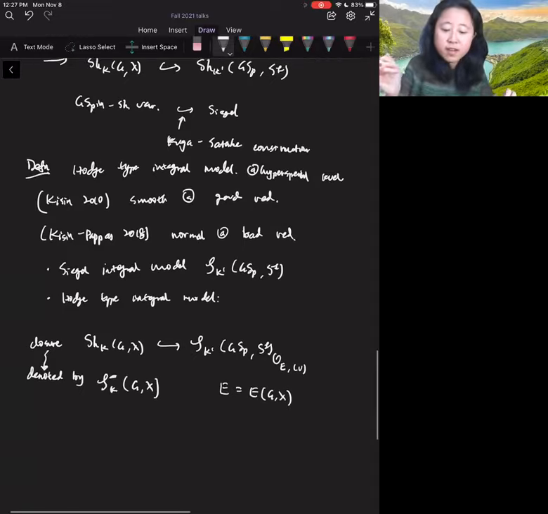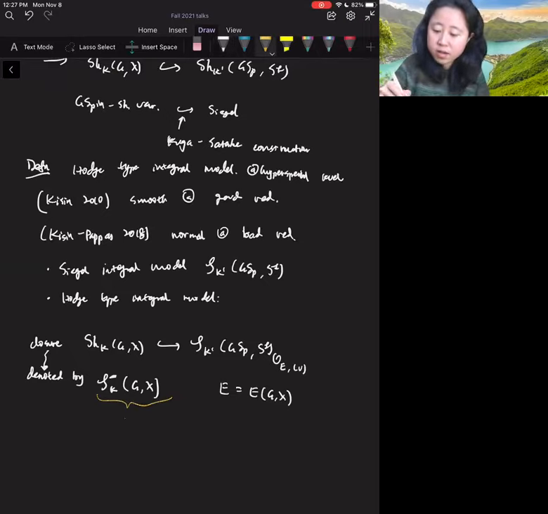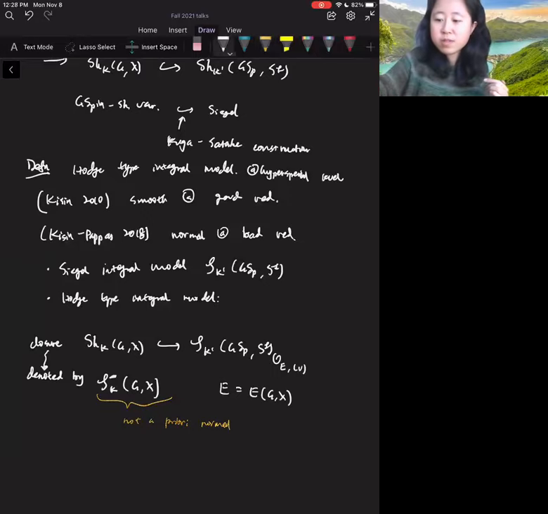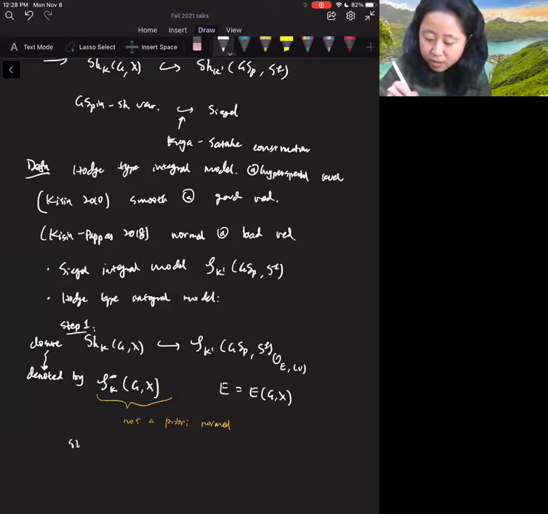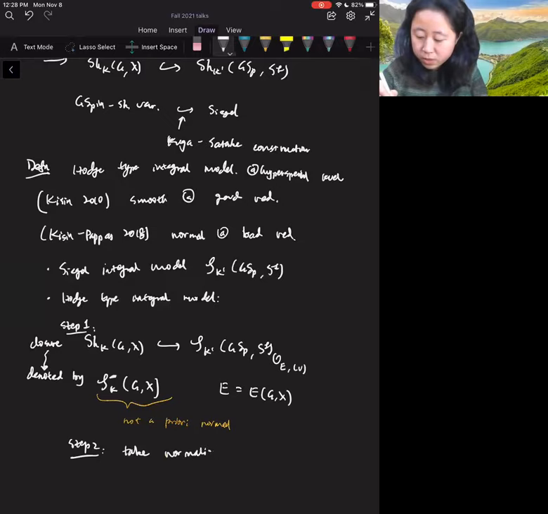Okay, but we're not done yet because this closure, let me just point out, is not a priori normal. And that's not good because usually when we study integral models, we want something that has nice geometric properties. So you need to do one more step. So let me say taking the closure is step one. Step two is you normalize the closure. So take normalization.